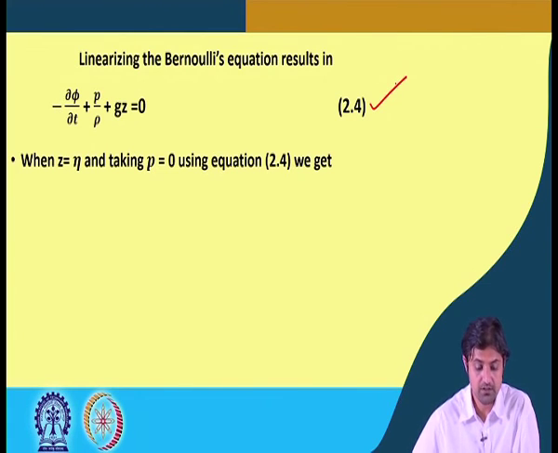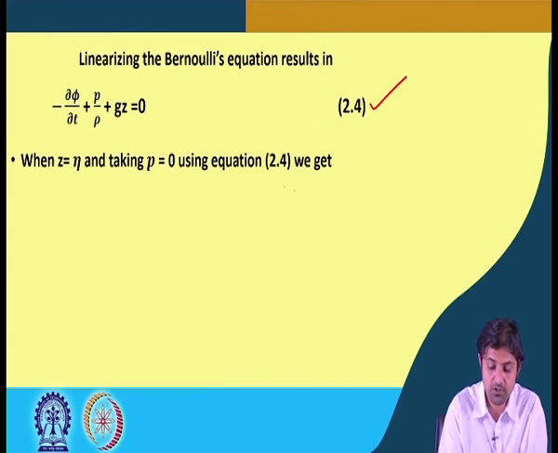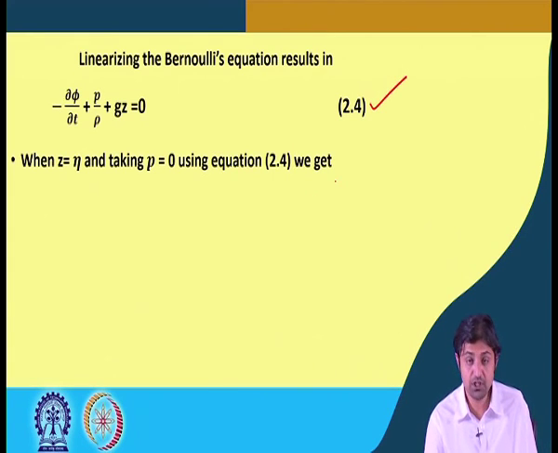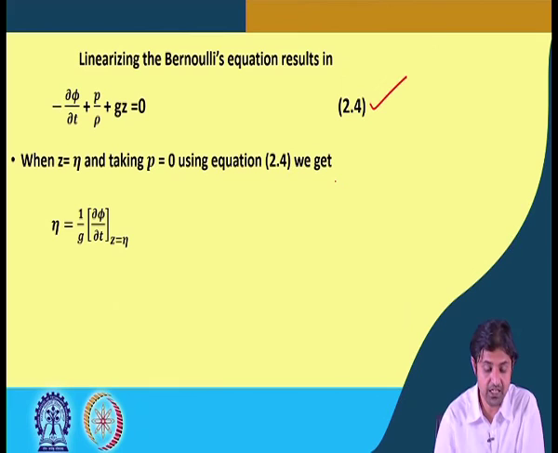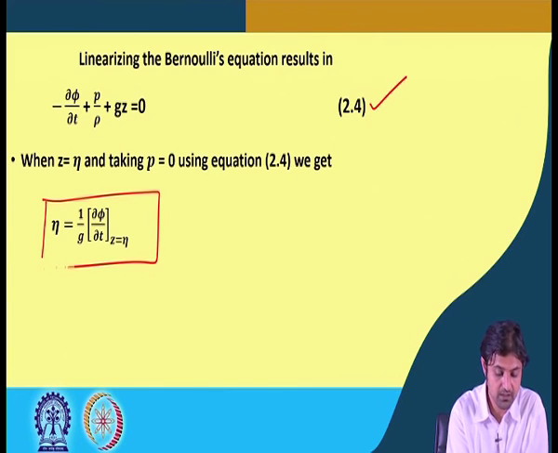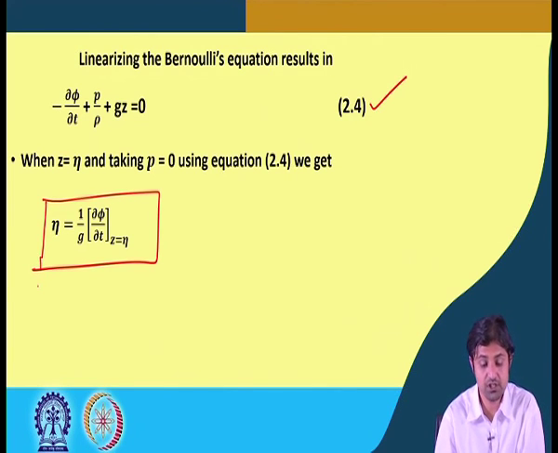At z is equal to eta, that means at the free surface, if we take p equal to 0, from equation 2.4 we get eta is equal to 1 by g del phi del t at z is equal to eta. So in terms of velocity potential we have obtained eta.